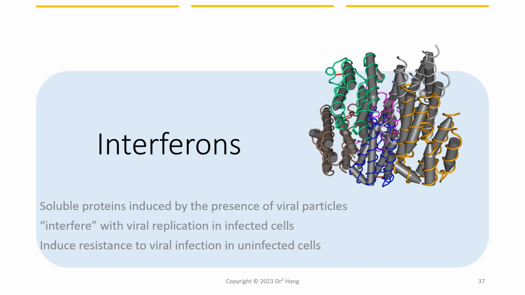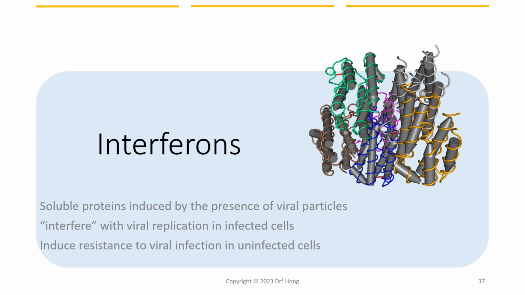Now moving on to some soluble proteins. So we're no longer talking about specific receptors or specific cell responses here, but we're talking about soluble proteins that have a role in defending against viral infection. Notice this is still part of the innate immune response. Now these soluble proteins are called interferons.